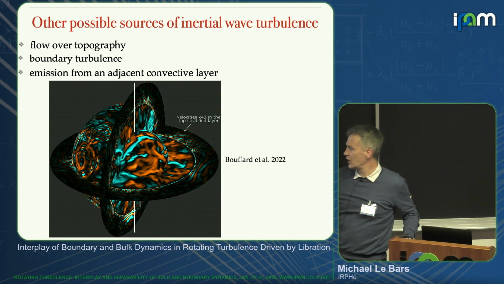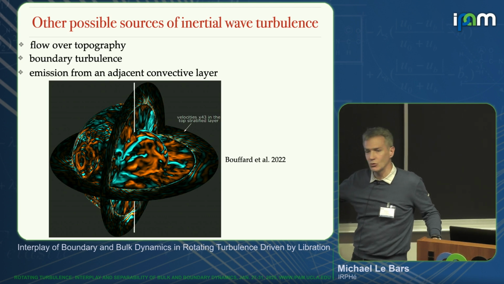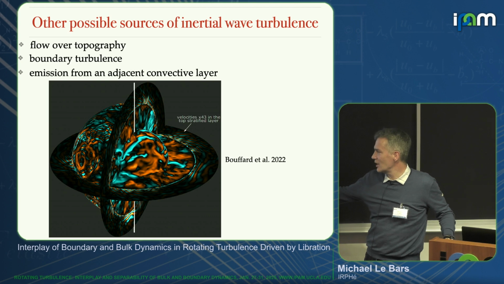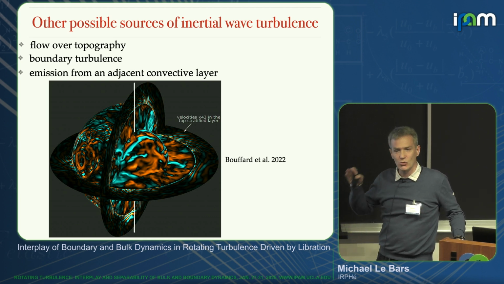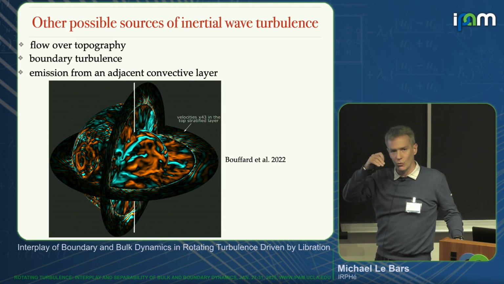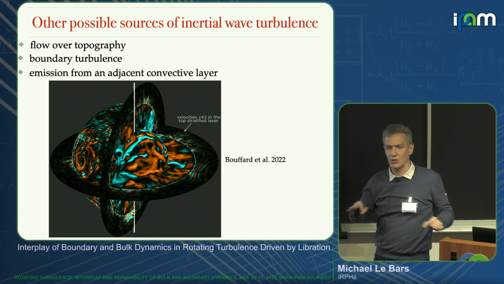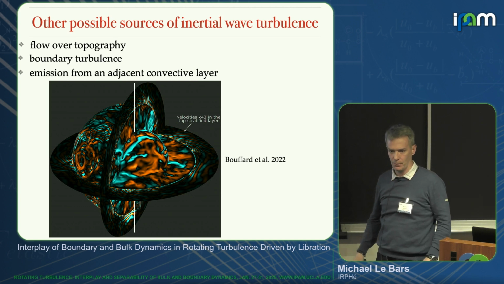I'm completely cheating here because in this paper, it's non-rotating. It's actually stably stratified, so it's the same kind of thing that Daniel showed us before. But stratification or internal gravity waves or internal inertial waves, they are really the same. So everything that I've said to you today would work in a non-stratified domain or in a stratified domain. It will work about the same.